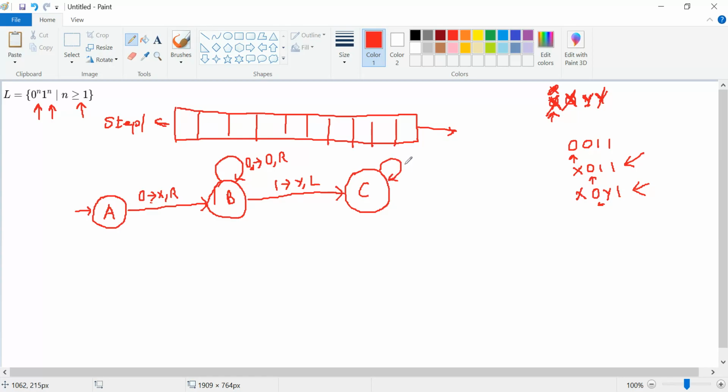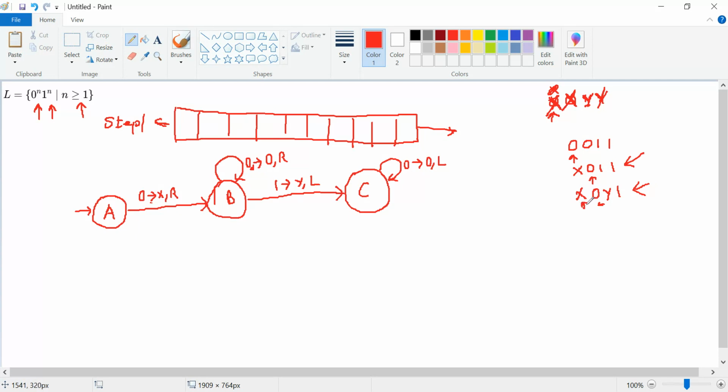So I don't make any changes, and I keep moving in the same direction, which is left. Now if we again move left, we see an x.